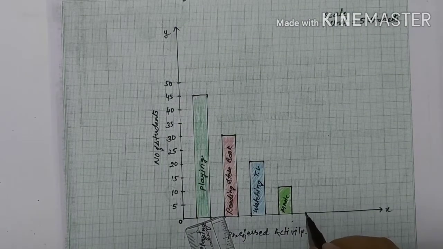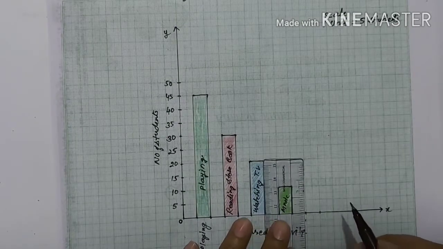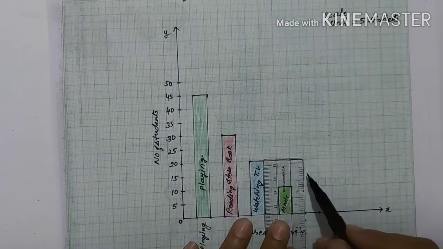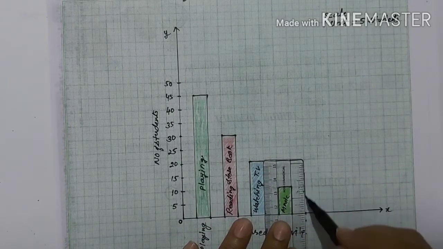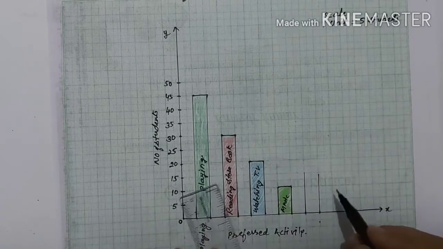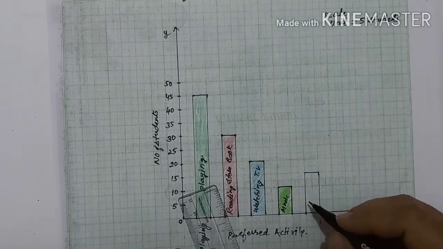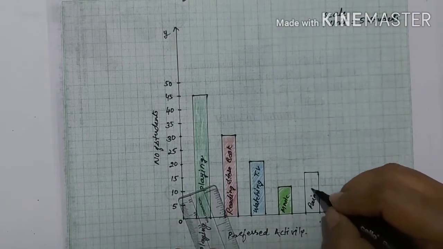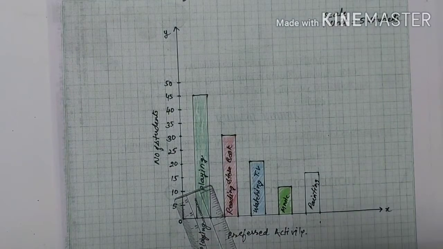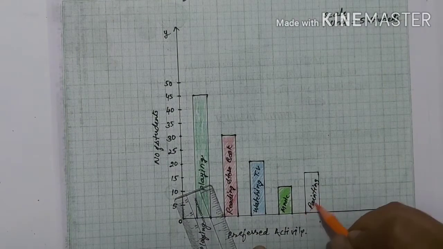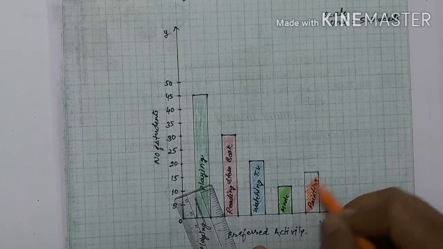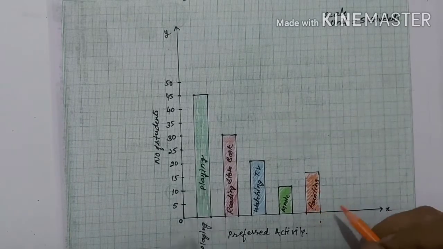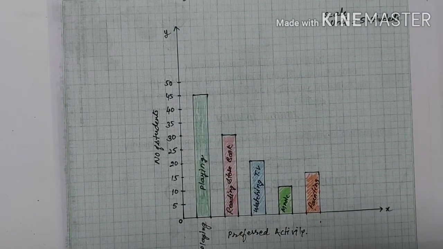Now after one square you write 15, here is 15, the length is now 15, and write painting, and color. Okay, so this is your complete bar graph.